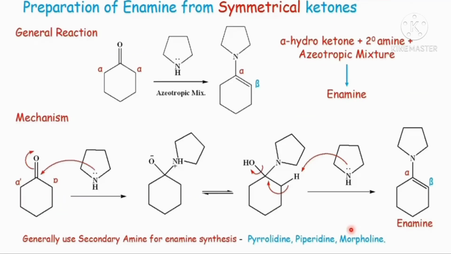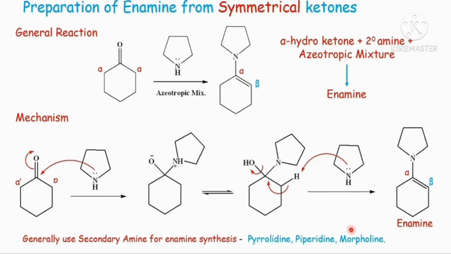Okay, next is the preparation of enamine. Here for the preparation of enamine, there are two different types of ketones. First one is symmetrical ketones and second one is unsymmetrical ketones. Now first we will see the symmetrical ketones.